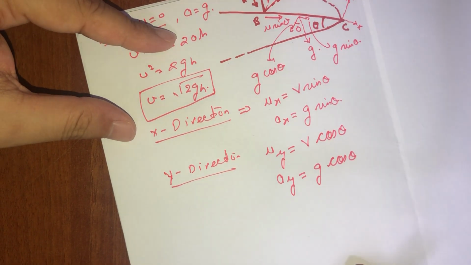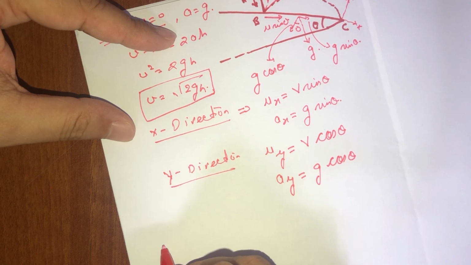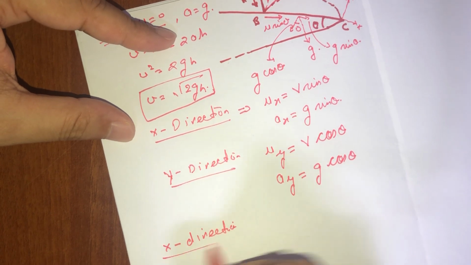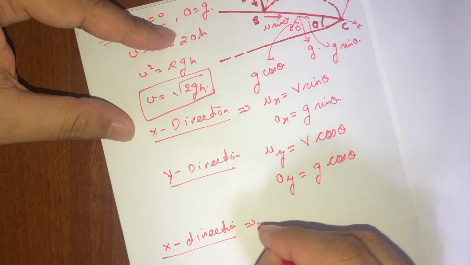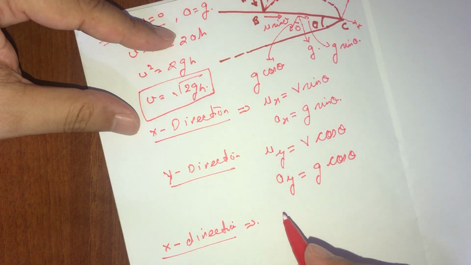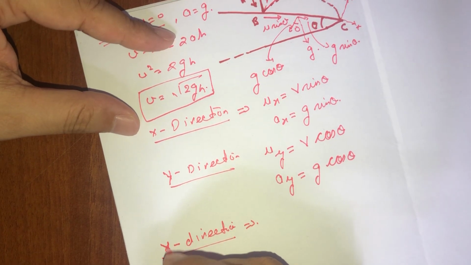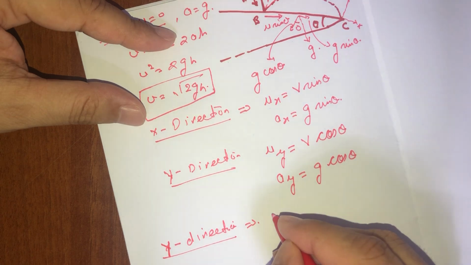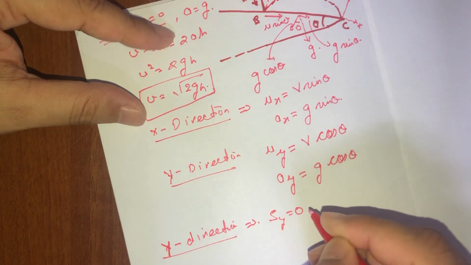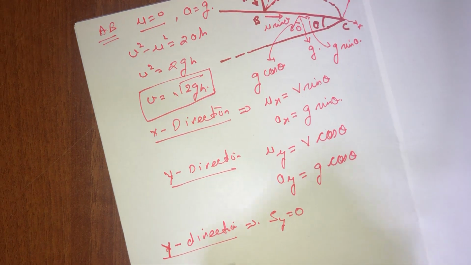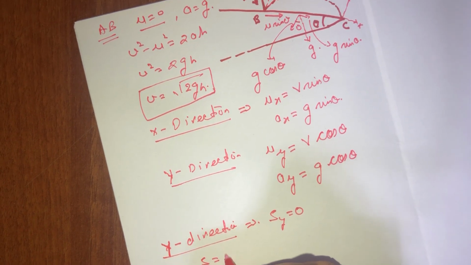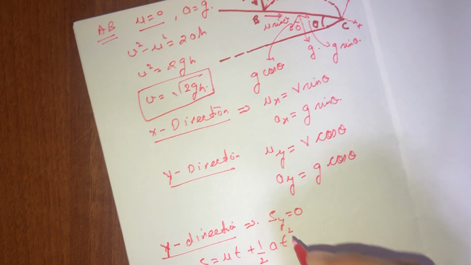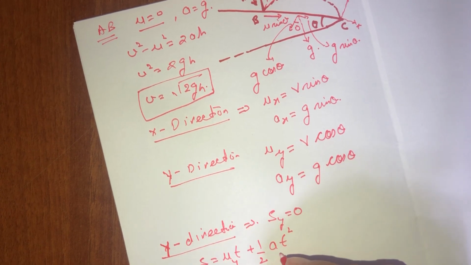So first let's find out what will be the motion in x direction. The value of displacement, let's do it first in y direction. So value of displacement in y direction will be s of y, that will be equal to 0. So we are going to use the equation s is equal to ut plus half at square. So in y direction we simply put y.